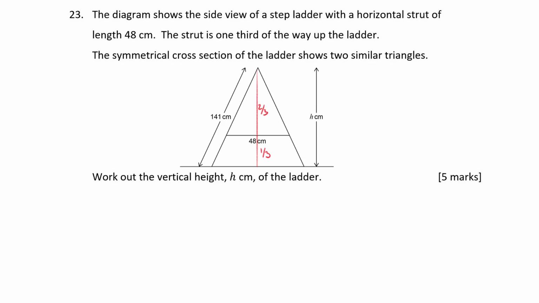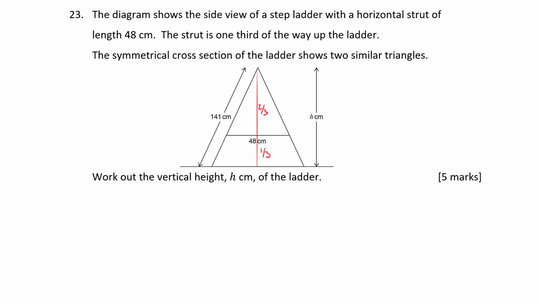That tells us the ratio of these 2 similar triangles. If they are 1/3 and 2/3, then they're in the ratio of 2 to 3. So for every 2 units you've got in the first one, you've got 3 in the second one. Okay, so we want to work out what the length of that line is.